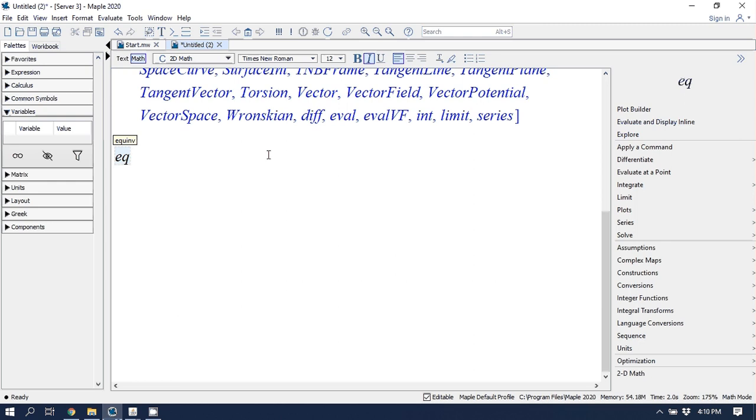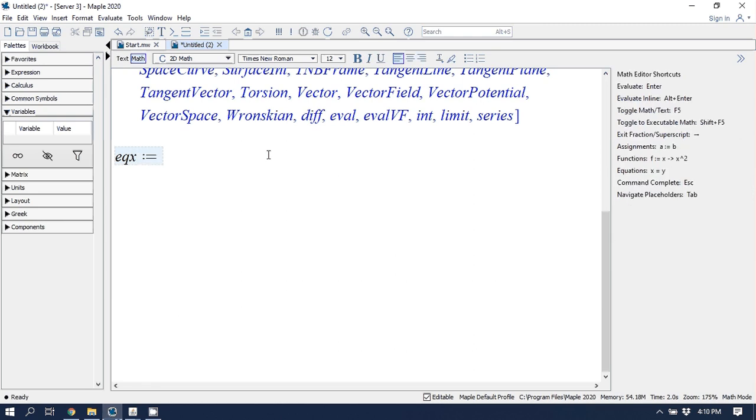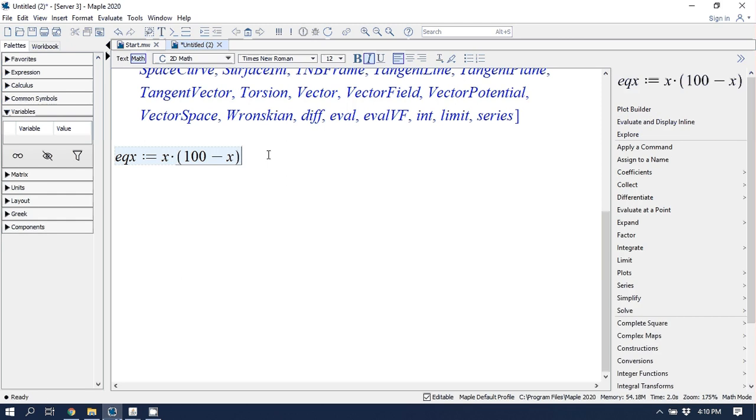In that first example that we talked about, we had a system in X and Y. So I'm going to call EQX, equation X, the first equation in the model, which was X times (100 minus X) minus alpha times X times Y.